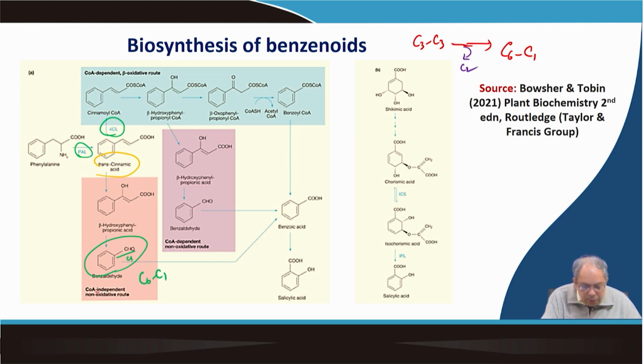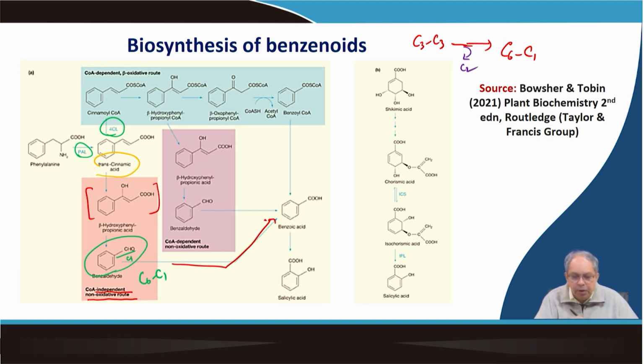So, there is no involvement of CoA here, and there will be the formation of one intermediate, which is called beta hydroxy phenylpropanoic acid, and maybe the enzyme is called benzaldehyde synthase. This is mostly an unstable compound, and eventually it makes benzaldehyde, and benzaldehyde contributes to benzoic acid. So, this is one route.